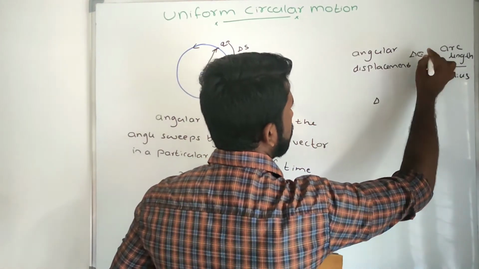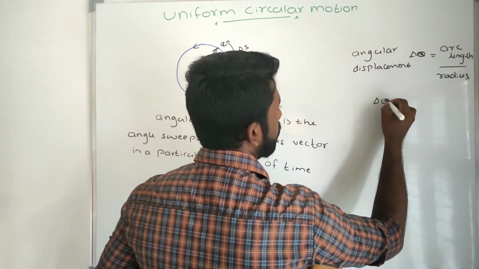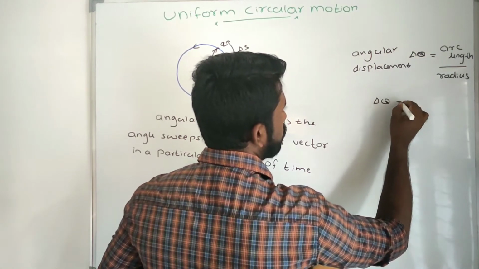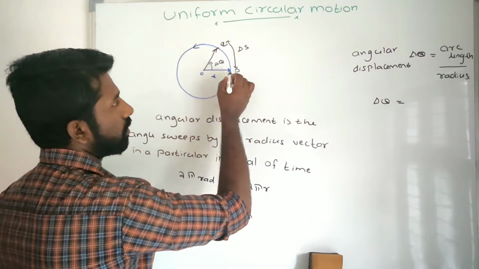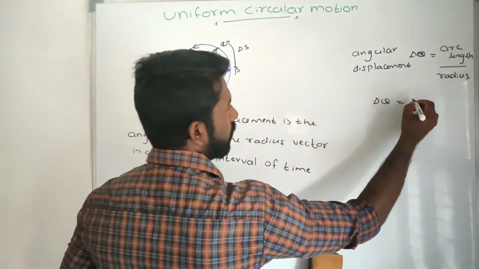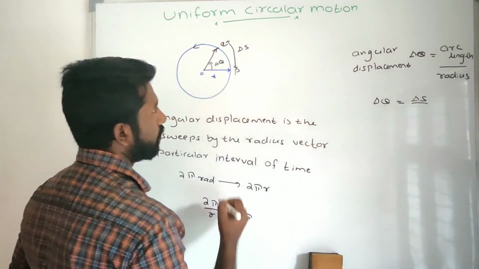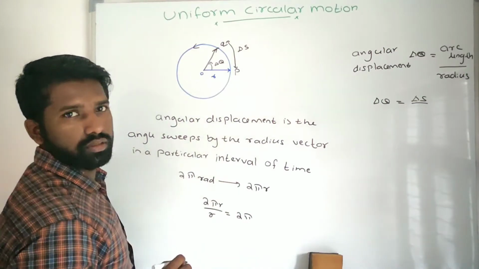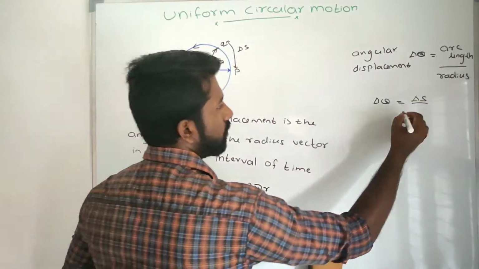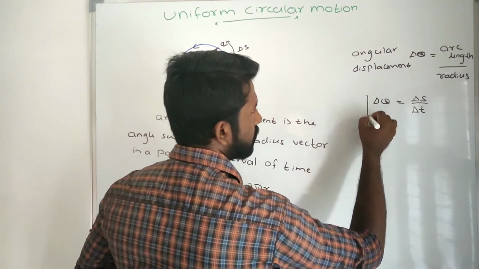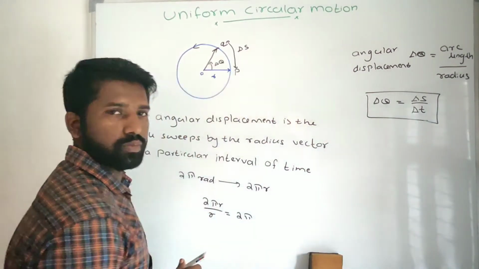Here, delta theta is the angular displacement, which is equal to the arc length. How much is the arc length? That is the PQ length, which we already took as delta s. And the time taken for the object to go from P to Q is delta t. This is the angular displacement.